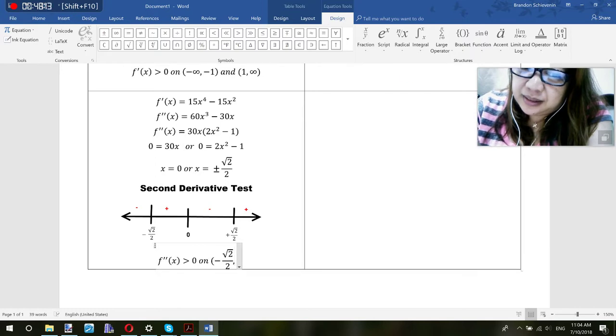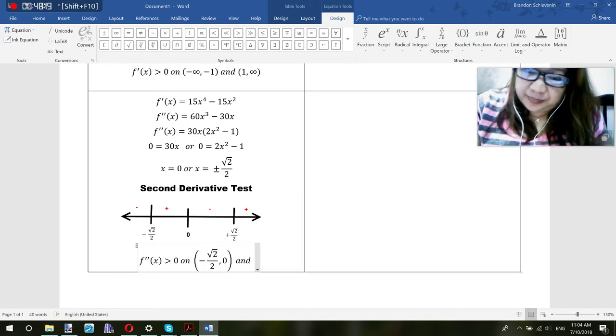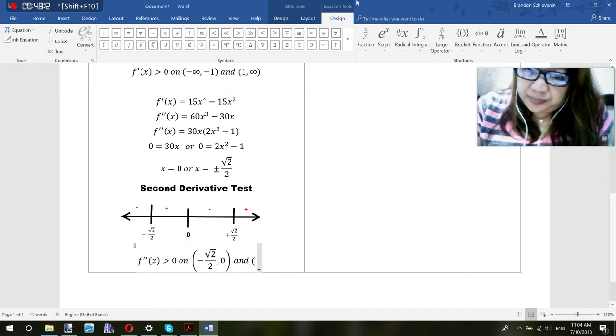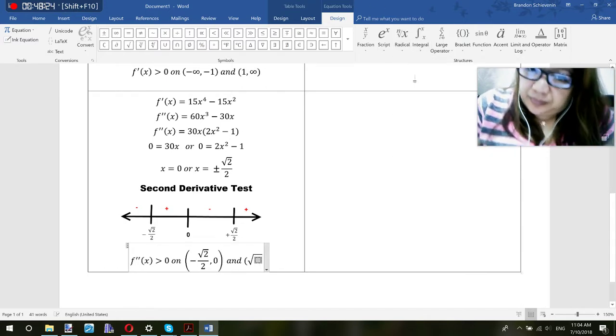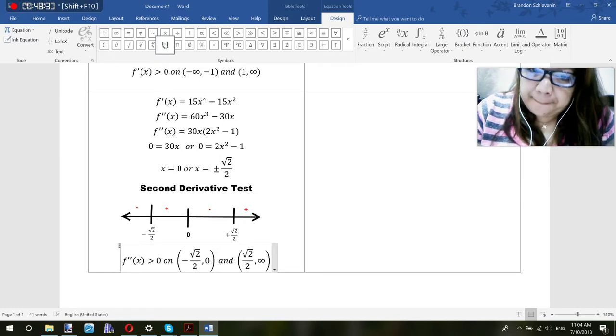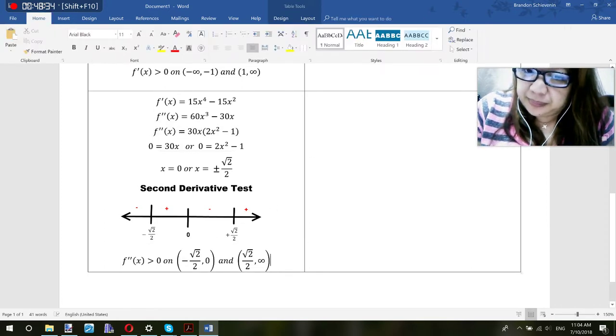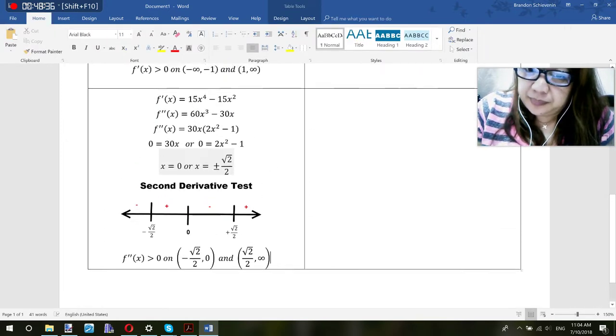Okay, so from negative root 2 over 2 to 0, both not included, and from positive root 2 over 2 to positive infinity. Perfect. Is when we would be concave up.